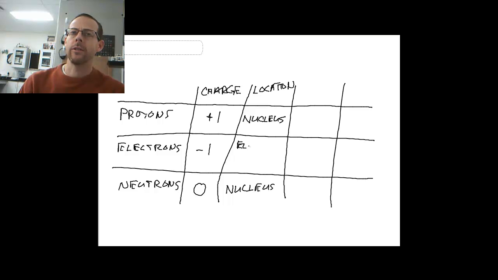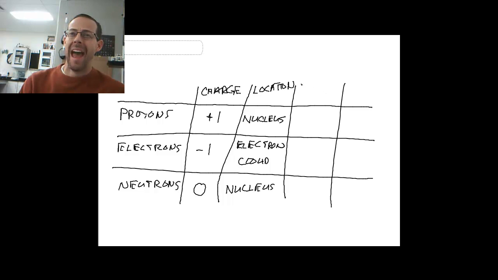So they are outside the nucleus, kind of orbiting around the nucleus. It's the area outside the nucleus, the outer reaches of where the atom starts and where it ends.